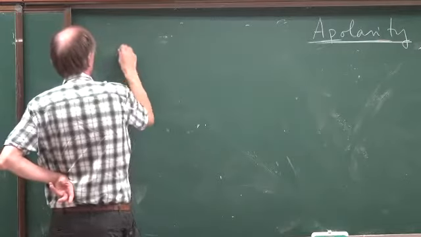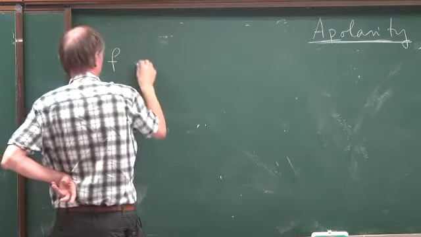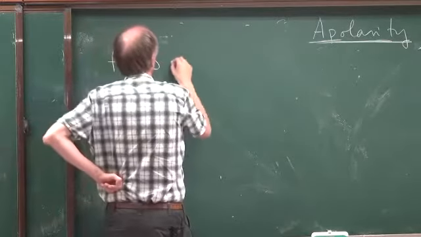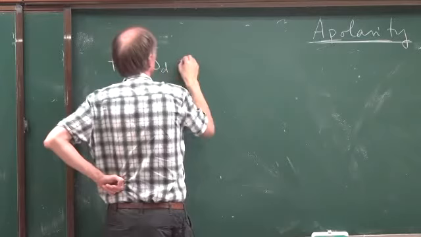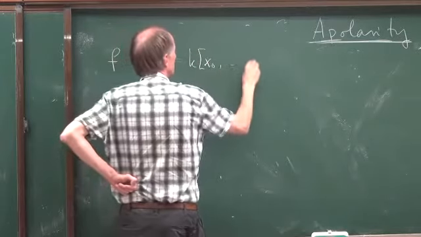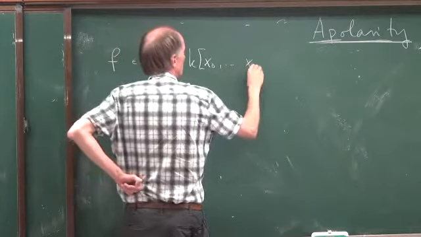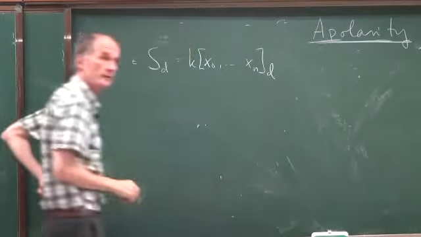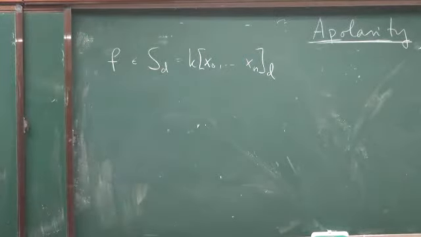So now I take F in S_D, a form in x0 up to xn, something very general like that.